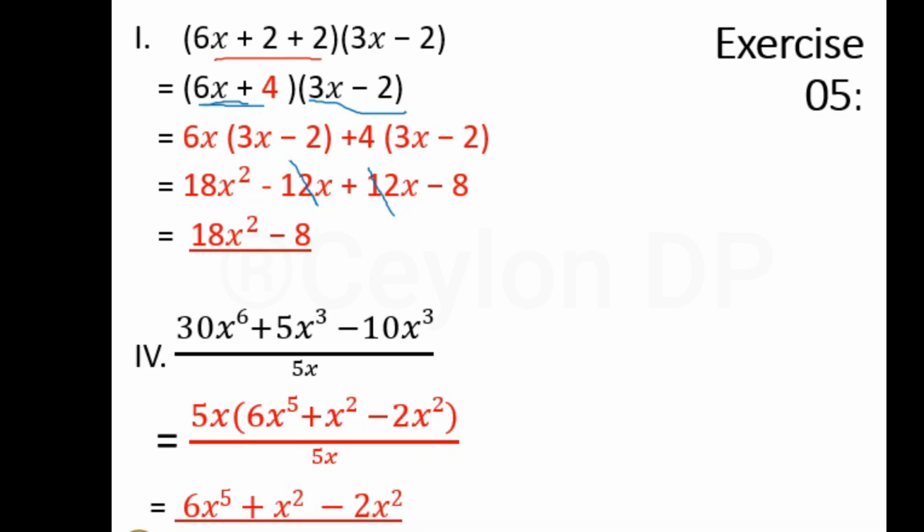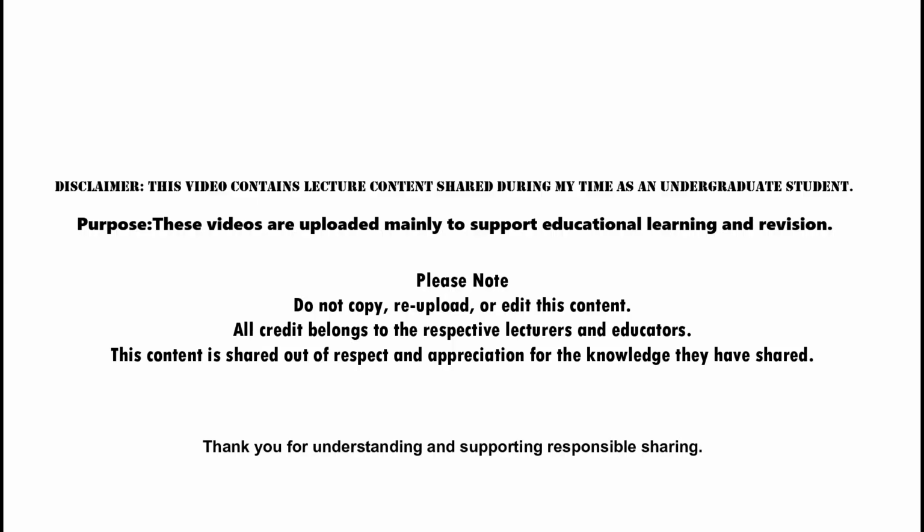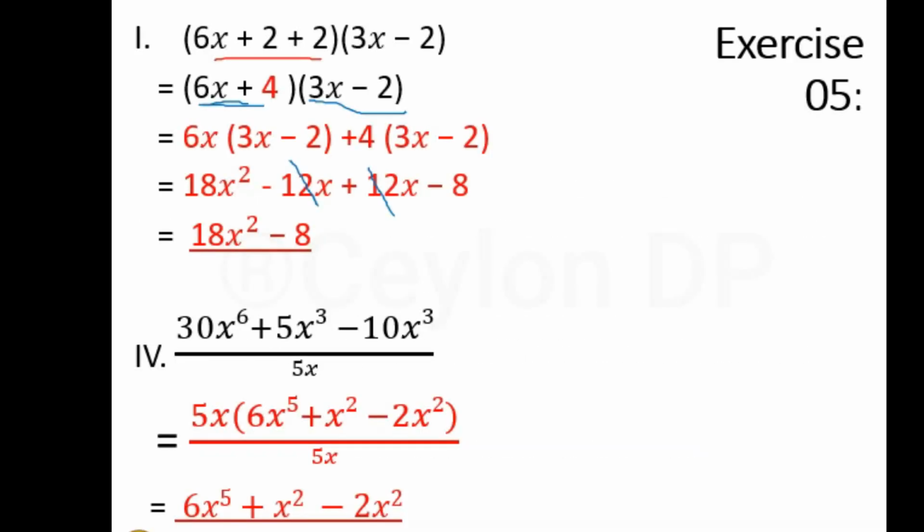and 5x is there, and if you divide 30x power 6 divided by 5x, then you have to get 6x power 5, and then plus 5x power 3 divided by 5x gives x power 2, and then minus 10x power 3 divided by 5x, then 2x power 2, close the bracket, and then you can settle this 5x and this 5x.